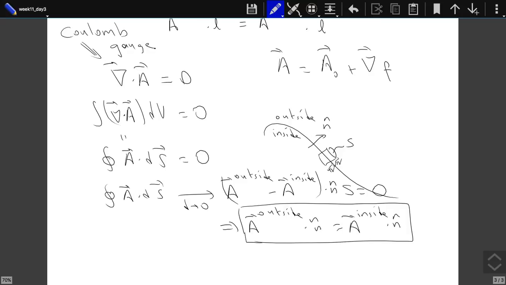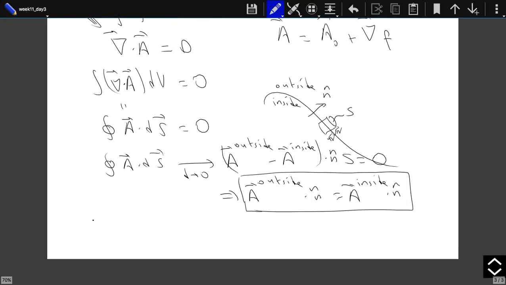By the way, the fact that A dot dS is equal to 0 and A dot dl is equal to phi B would allow me to calculate the vector potential in a different way. Up to now, we integrated the current density to obtain the vector potential in the case of the infinite wire.